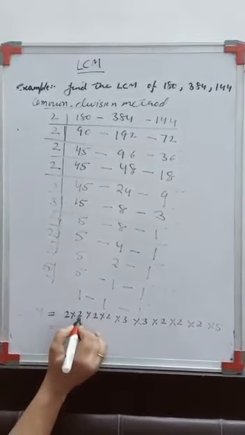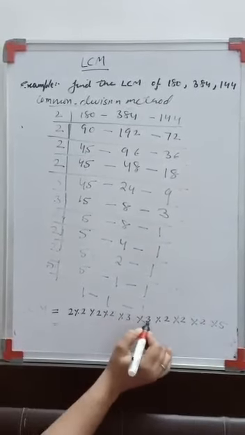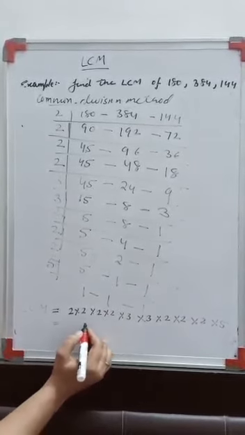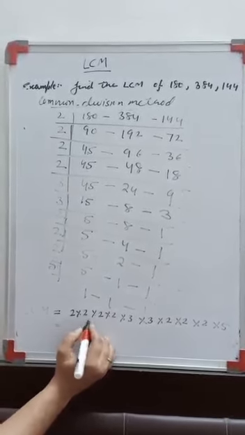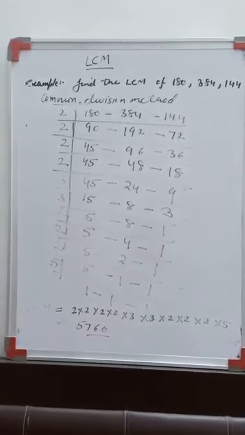See, 1 2 3 4 5 6 7. 2 is occurring 7 times, 3 is occurring 2 times, and 5 is occurring 1 time. So you will get the answer as 5760. That will be the LCM.